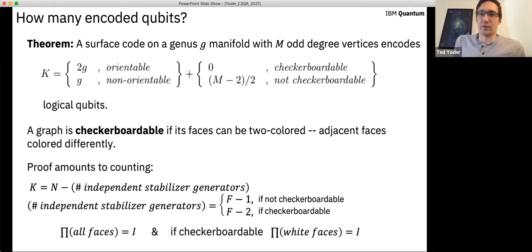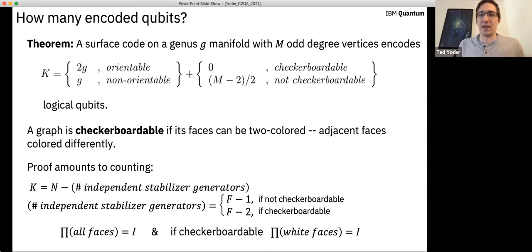So if the graph is checkerboardable, then you get an extra 0 term. But if it's not checkerboardable, then you get (m-2)/2, where m is the number of odd degree vertices. This checkerboardability property is just that the graph's faces can be 2-colored, such that adjacent faces are colored differently.